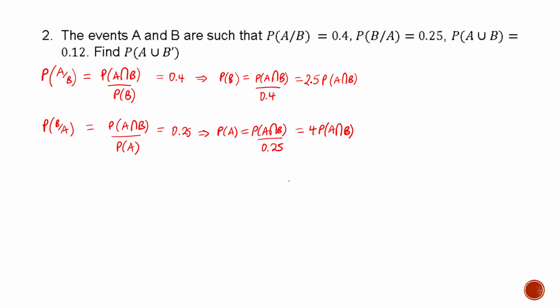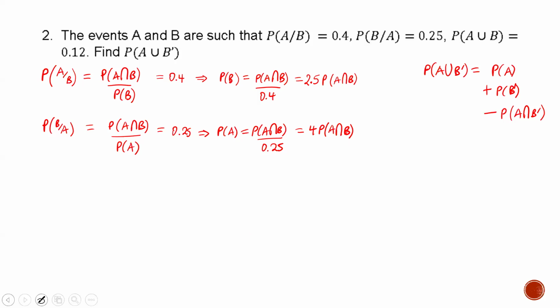What do we want? We want to find the probability of A union B complement. You could write on the side that the probability of A union B complement is the probability of A plus the probability of B complement minus the probability of the intersection of the two sets.